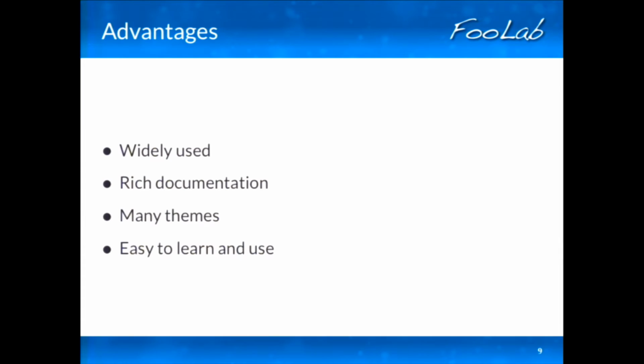The advantage of it is that a lot of people use it, so you're sure to find a lot of help. If you go to a forum, there's a lot of help available. It's got very detailed documentation with some very good examples. And there are many themes available online that you can download for free, or some of them you have to pay for, but it's really not very expensive.